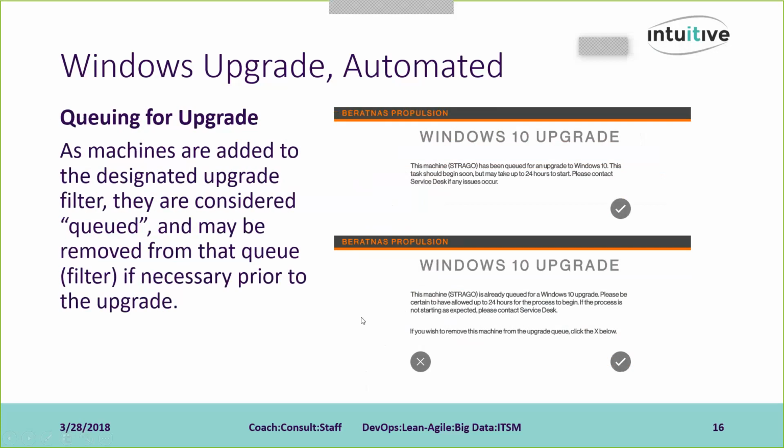So what we're doing when we click the button to upgrade, all we're doing is just queuing for an upgrade. And what that means is that that machine is placed into a filter that has been pre-configured as a target of an upgrade job. So there's not a lot of magic on the workflow side that's actually doing the upgrade.